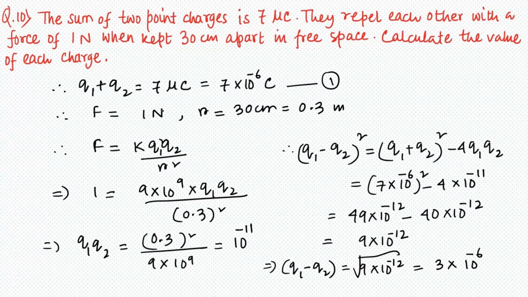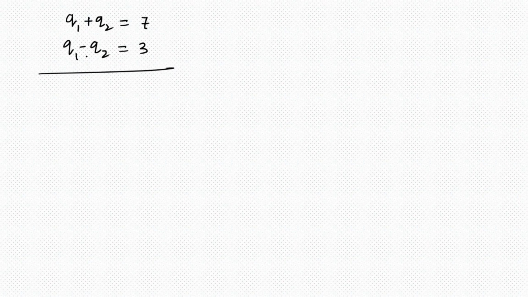So now we have Q1 plus Q2, which is 7 microcoulomb, and Q1 minus Q2, which is 3 microcoulomb. We can write this as equation number 2. Now we can use these two equations to calculate each of the charges. Q1 plus Q2 is equal to 7 and Q1 minus Q2 is equal to 3. Adding them, Q2 cancels out, so 2 Q1 is 10.